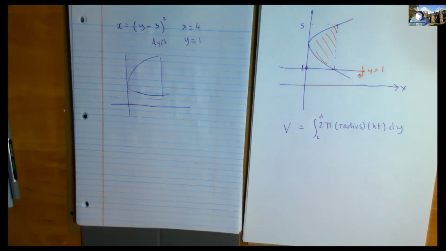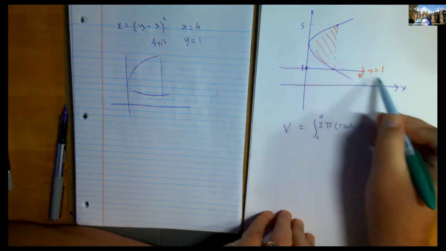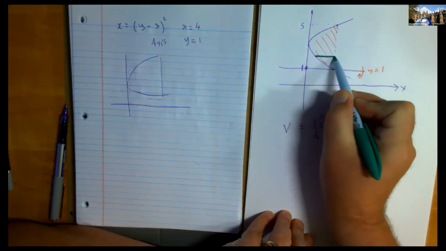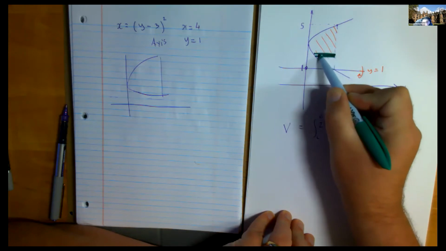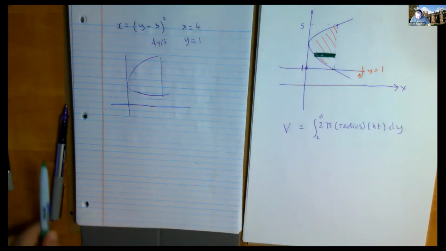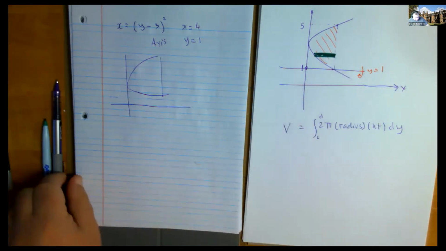I need a radius and I need a height. When you do the shell method, your little rectangle that represents a typical slice is parallel to the axis.